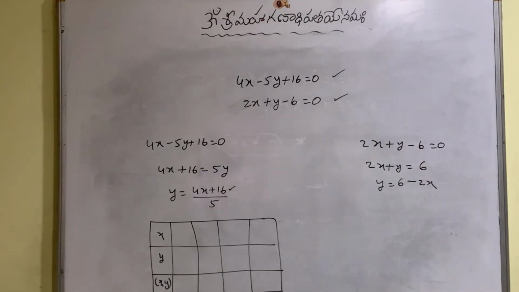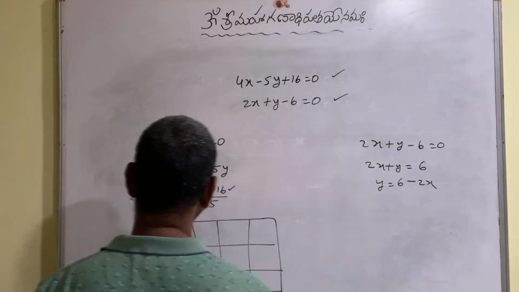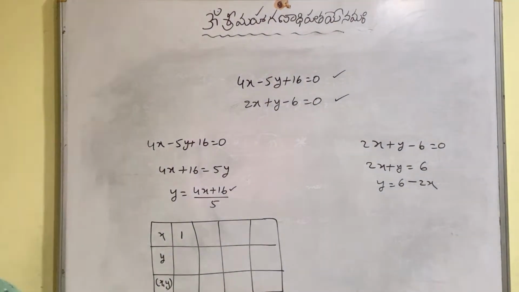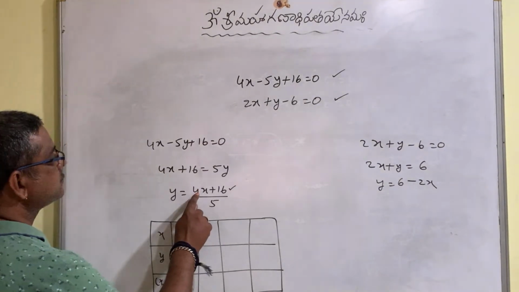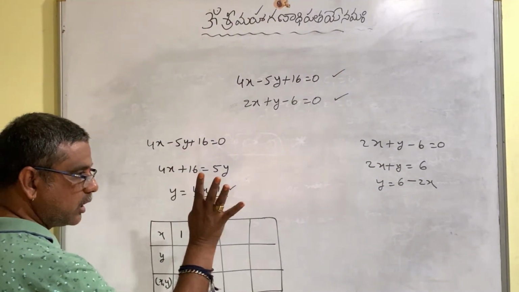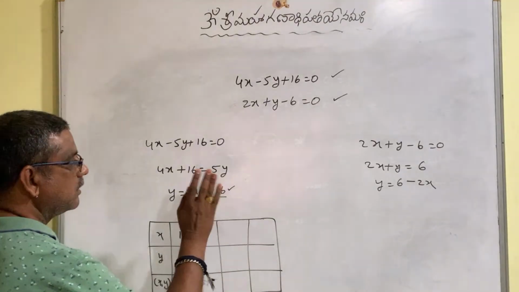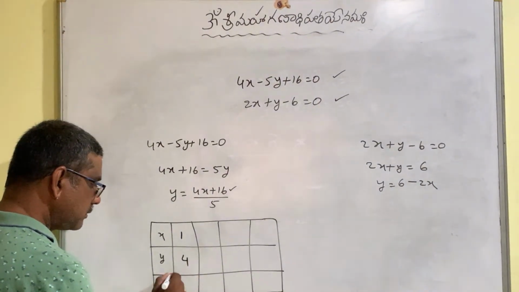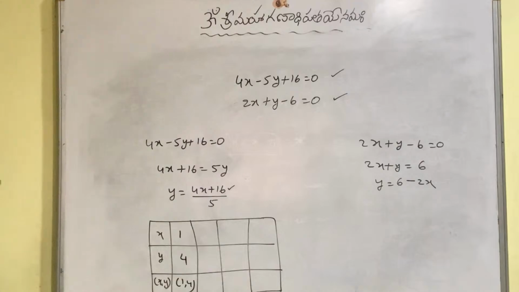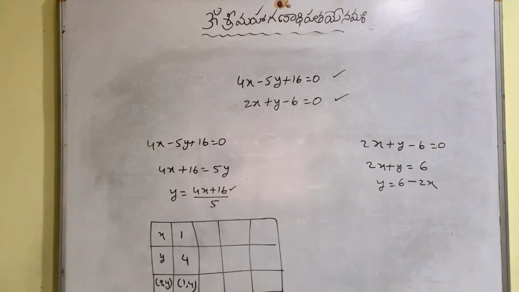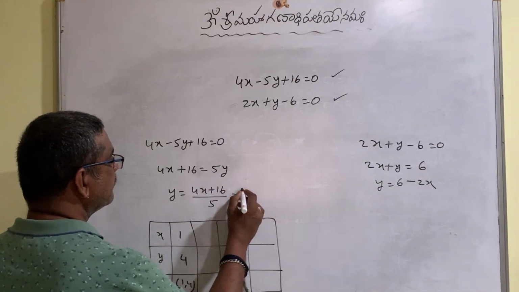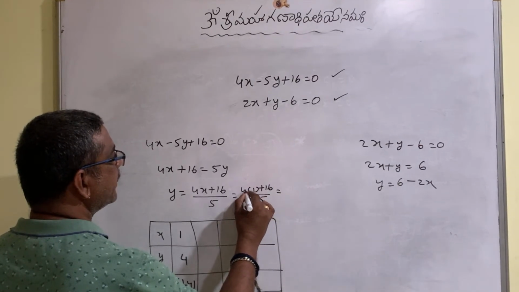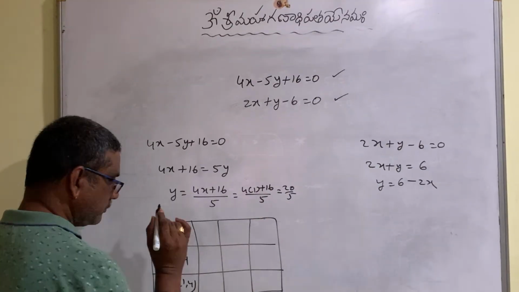So, if I give 1 in the place of x, it becomes 4 into 1, 4 plus 16, 20, 20 by 5, 4. So (1, 4) is one solution.